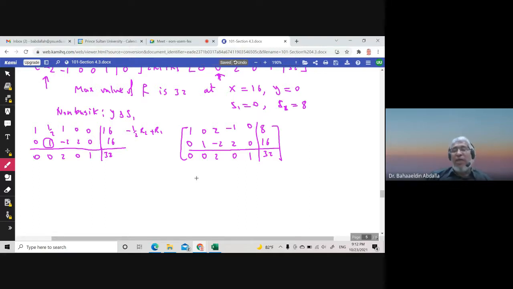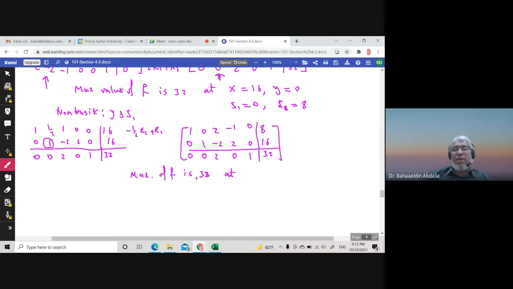Okay. And we can see that the maximum of f is 32, the same maximum. It happens at another corner point now.